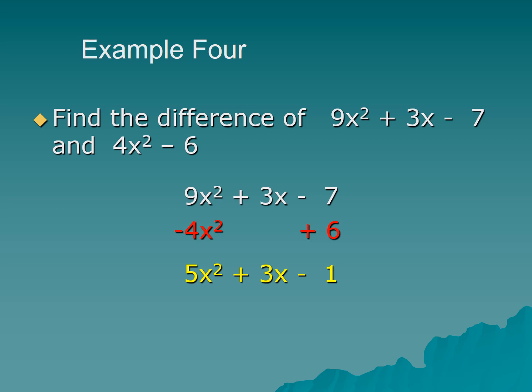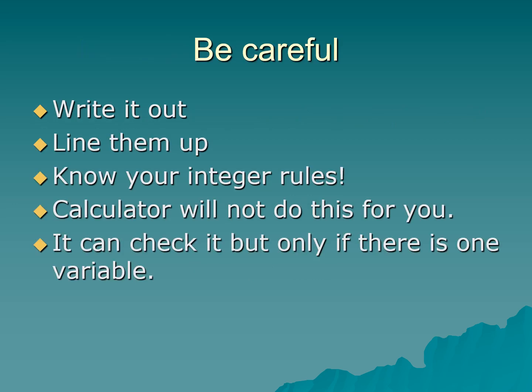Be careful with subtraction. The order matters. So you do have to know what's being subtracted. And then it's just 9 minus 4, 3 plus 0, and -7 plus 6 to give us 5x squared plus 3x minus 1.